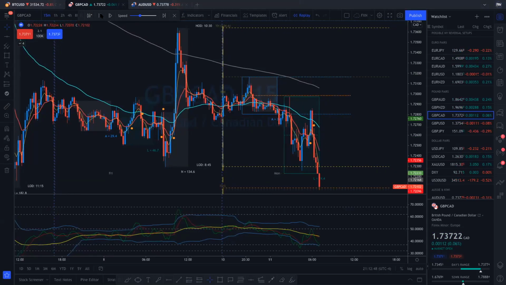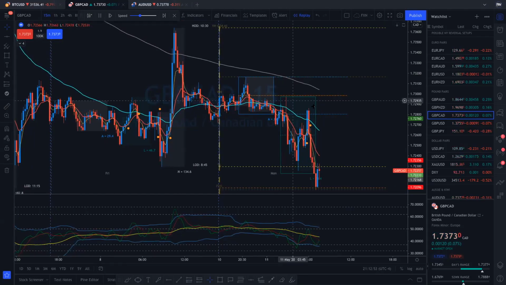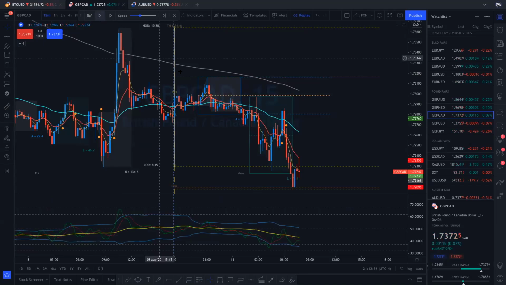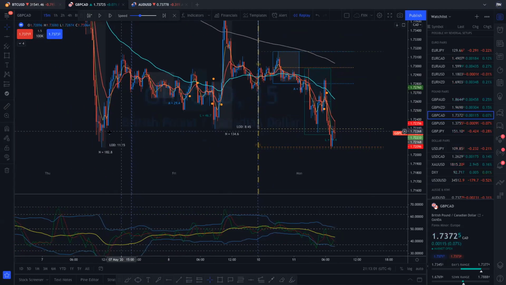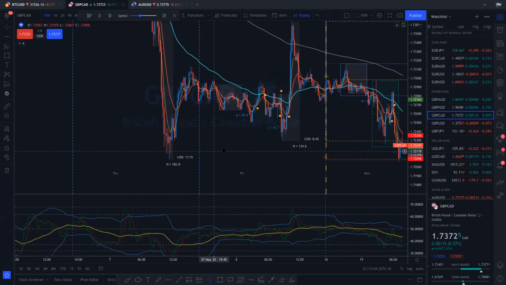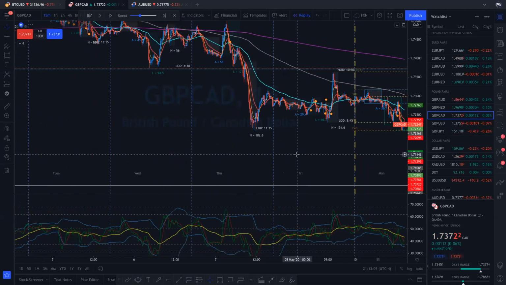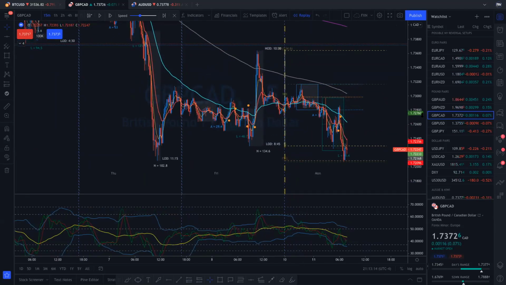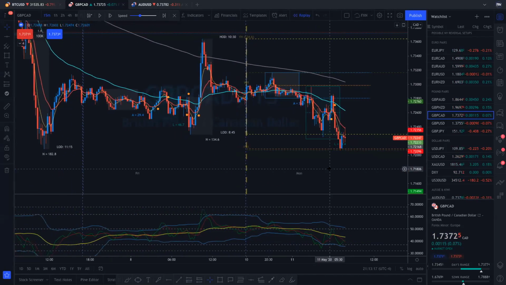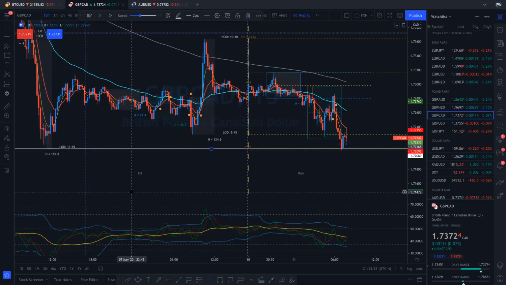I was about to say, if that would have stopped. Well, let's see. Interesting. So check this out. It went all the way down to here. Is that last week's low? Right? It is. So it went down to last week's low. So that right there could be your area of support.